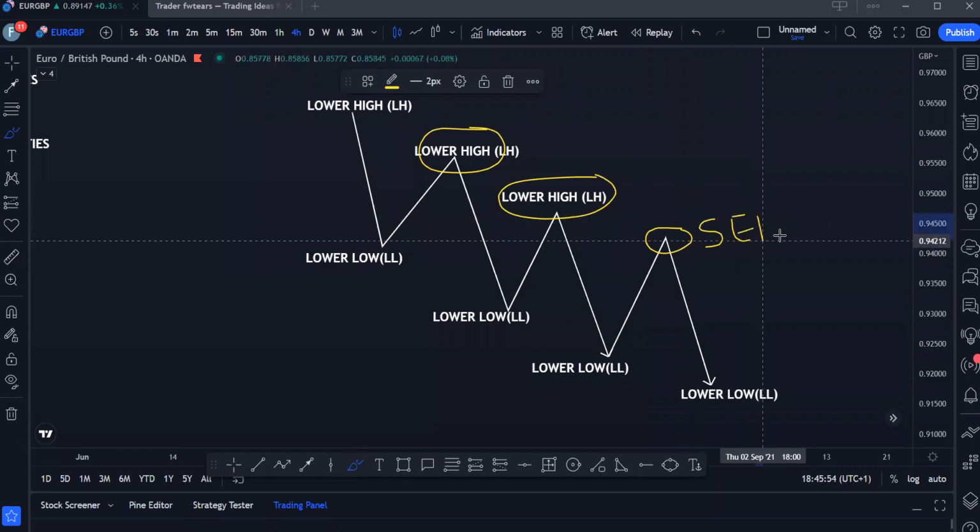All right. Now, as you can see, in a downtrend, there's opportunity to buy over here. Of course, price will go up here, but it is risky to buy. You'll be in a lot of false trades.